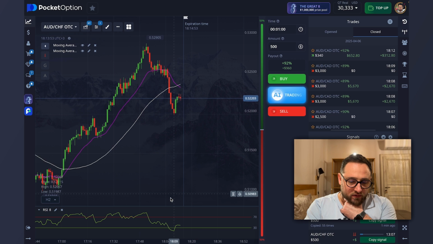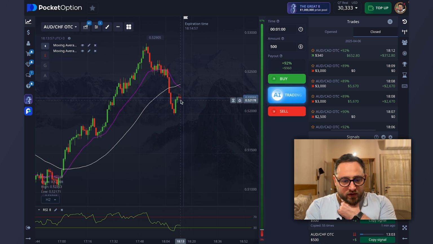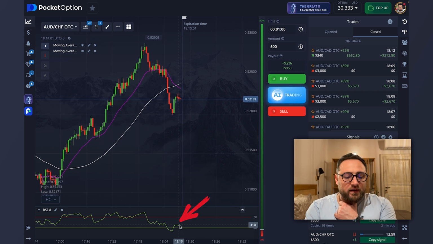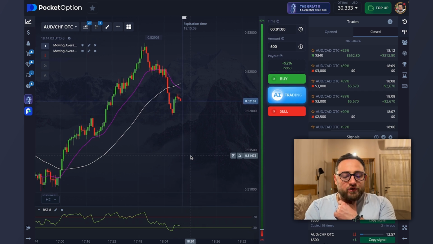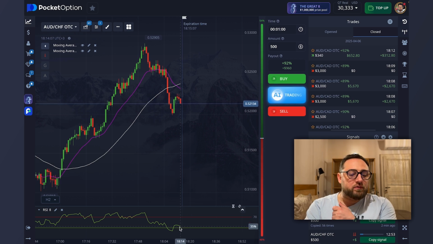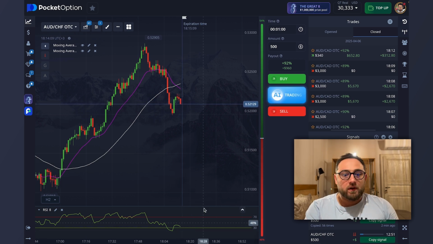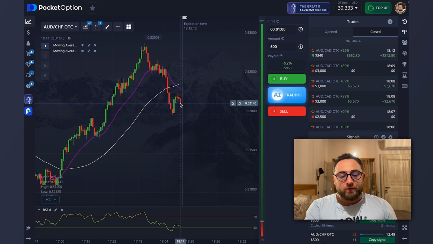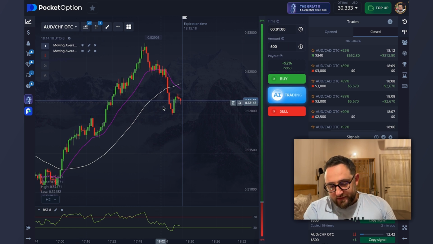You see the cross, and also we see the RSI. It's very close to the oversold zone. So we will try to catch the new trend, an uptrend, and we will make a buy.